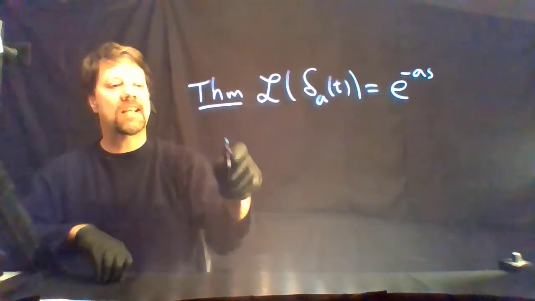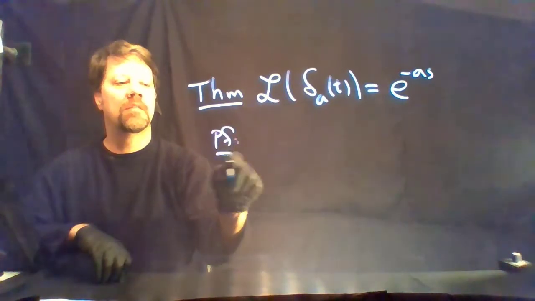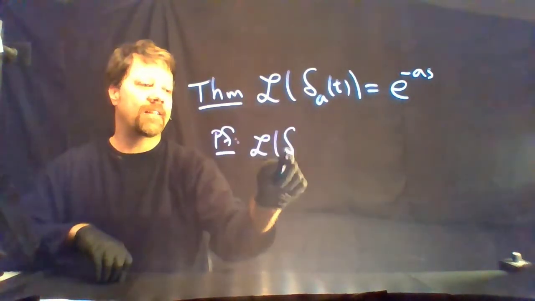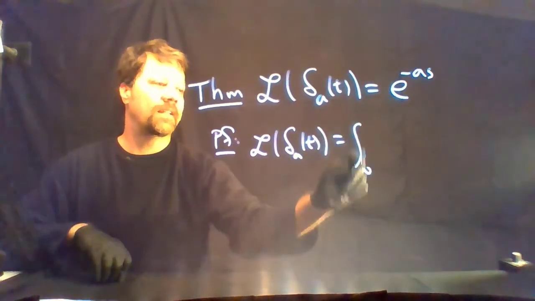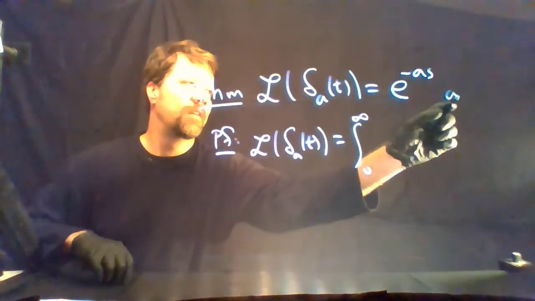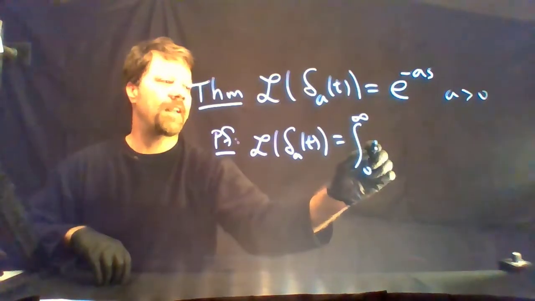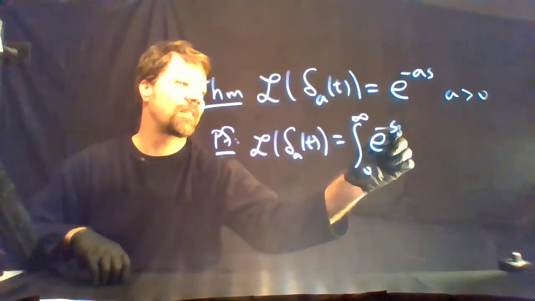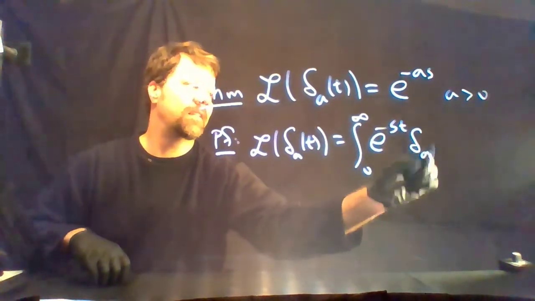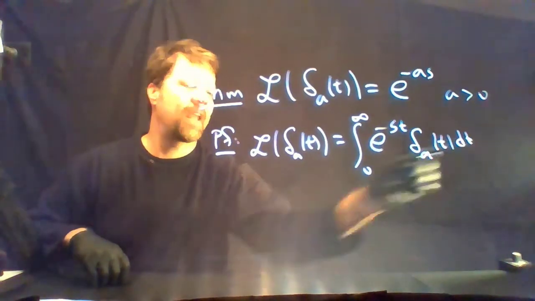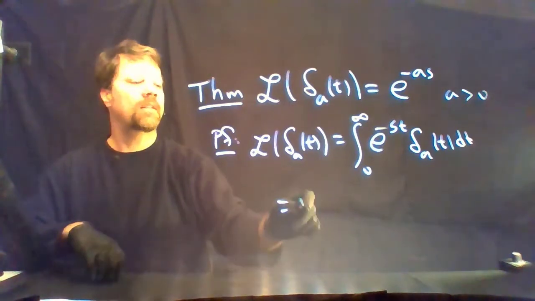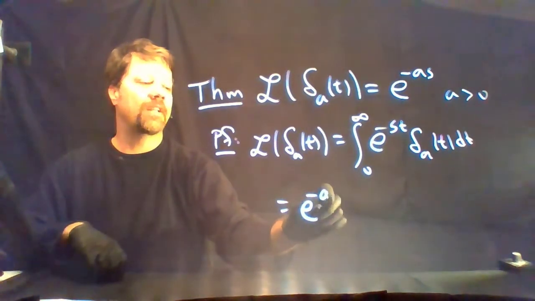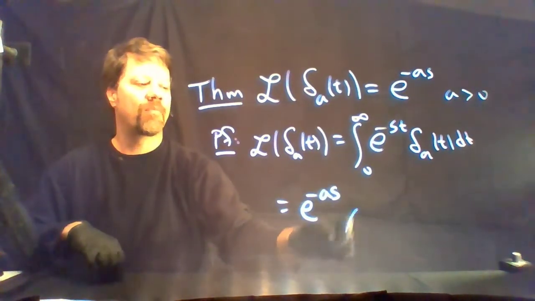That's pretty easy to see, because if I just calculate the Laplace transform of the Dirac delta function, I get the integral from 0 to infinity of e to the minus st times delta a of t dt, and by the last theorem, since this is a continuous function everywhere, you just evaluate that function at t equals a.